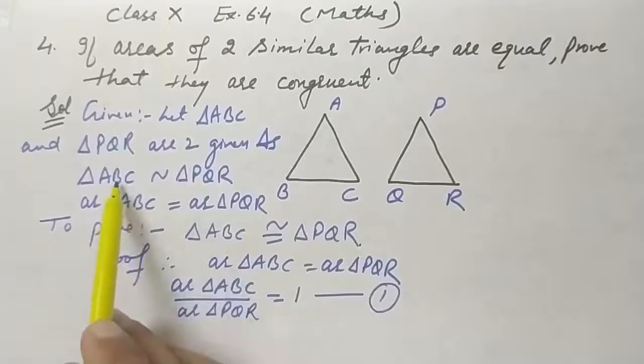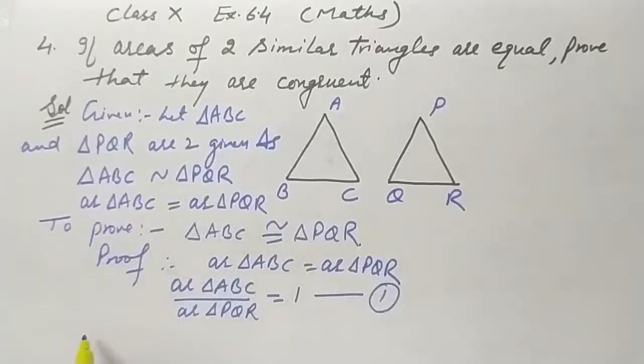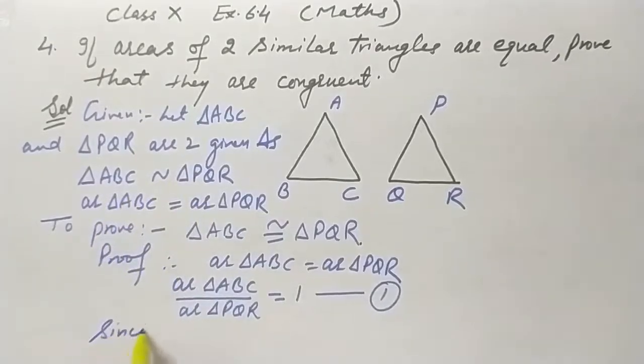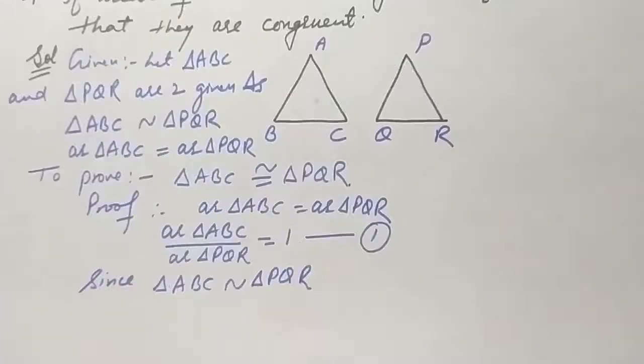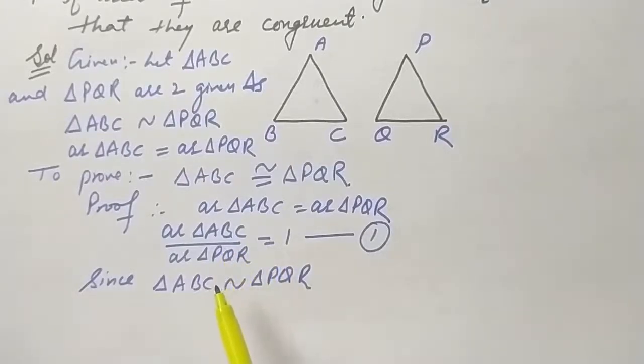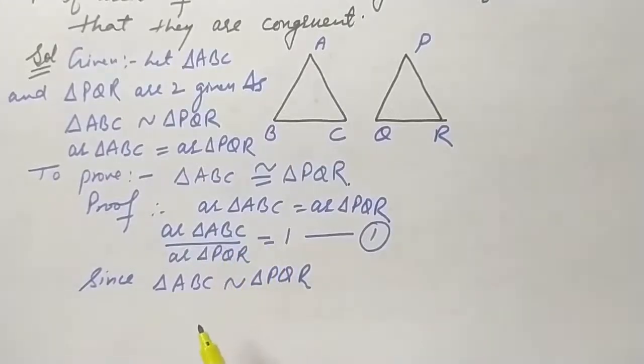So we have used the property that their areas are equal. Now the second thing which is given, we will use this. So we'll write here, since triangle ABC is similar to triangle PQR. Students, you might be knowing that if two triangles are similar, then the ratio of their areas will be equal to the square of the ratio of their corresponding sides.